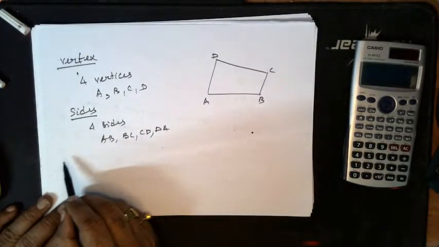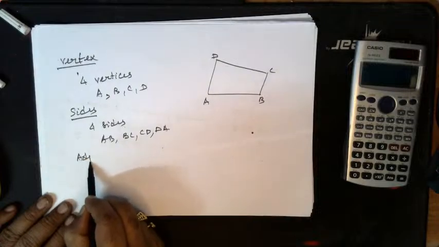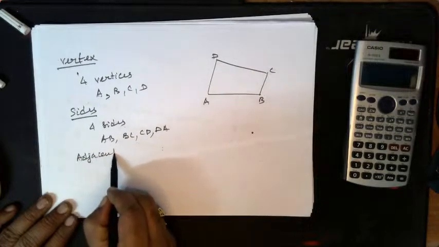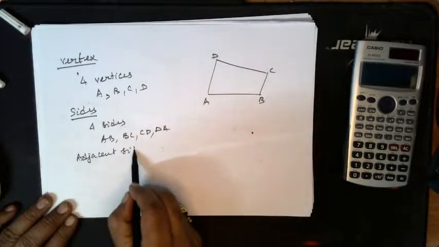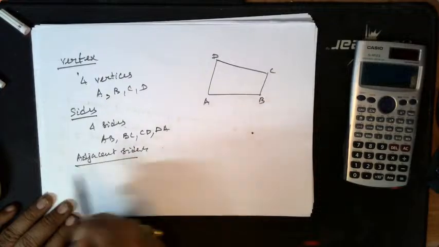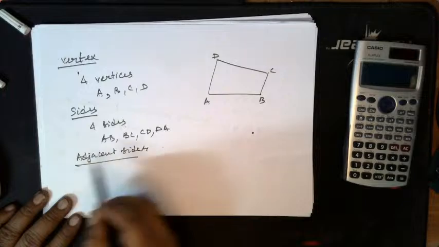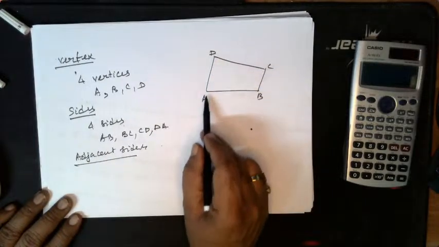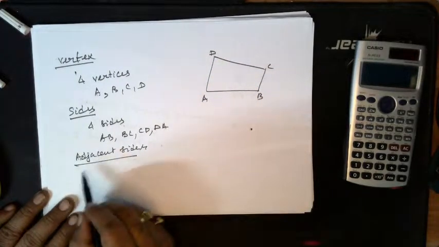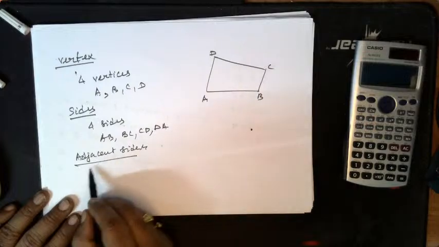And adjacent sides. Adjacent sides means nearby sides. What are the nearby sides? That is AD, AB. Is it not? These two are adjacent sides.